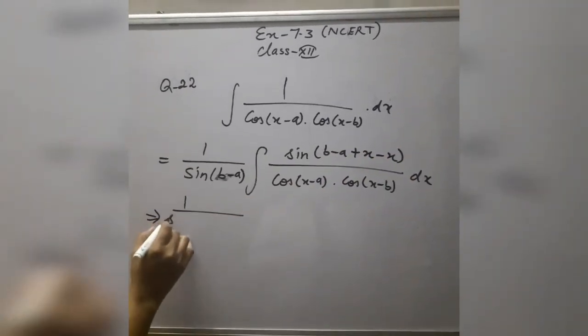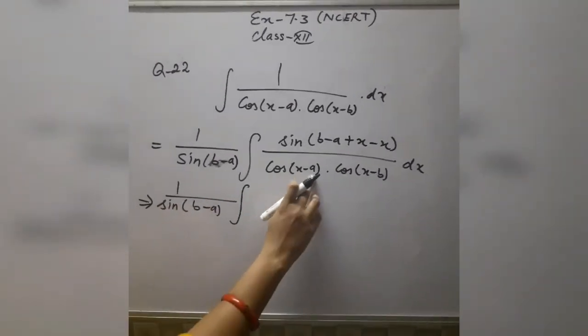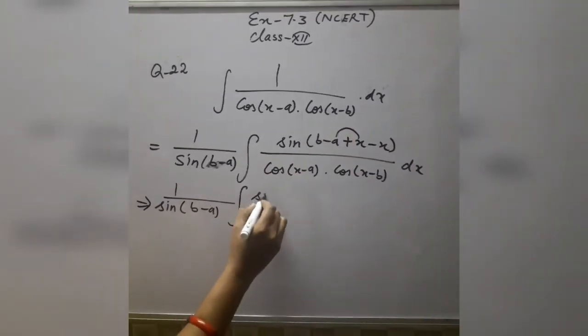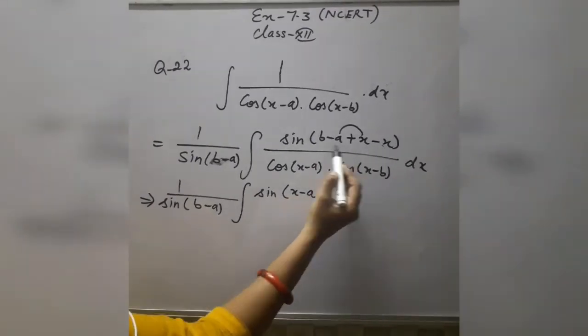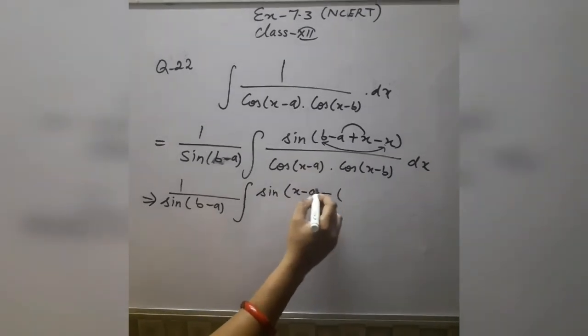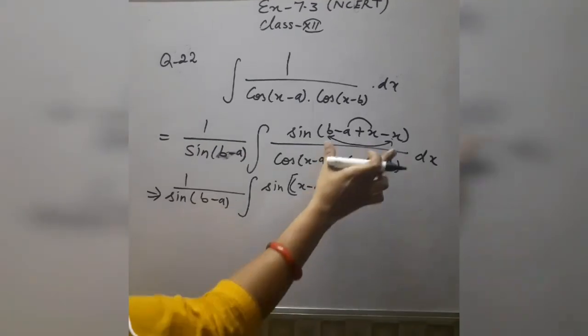Now this 1 by sine b minus a remains as it is. Here x minus a is together, so write these two terms together, it becomes sine x minus a, and taking minus common from the other two terms, it becomes x minus b, so this term can be written like this.